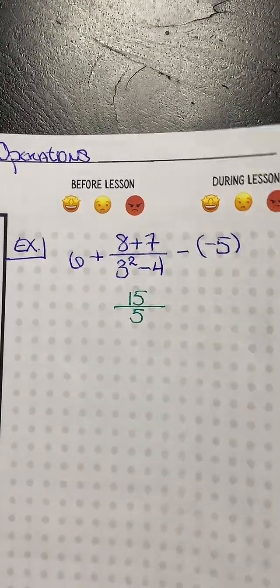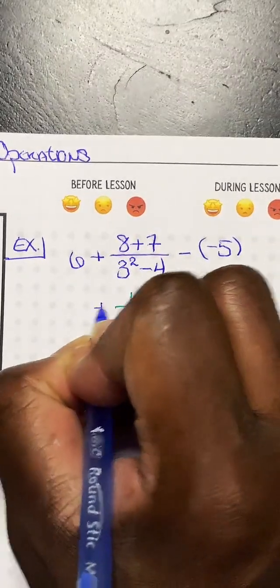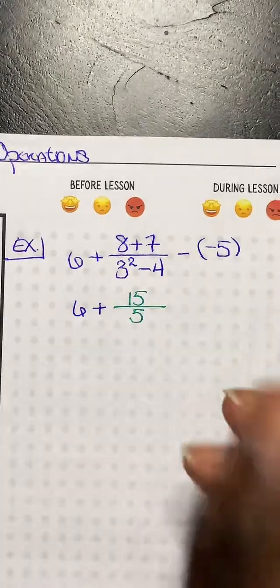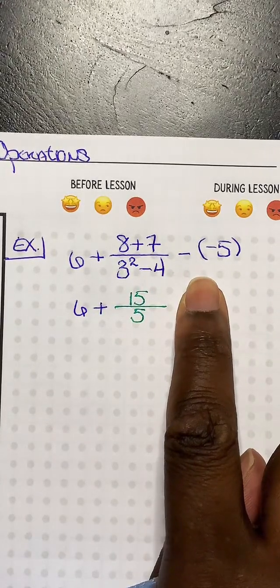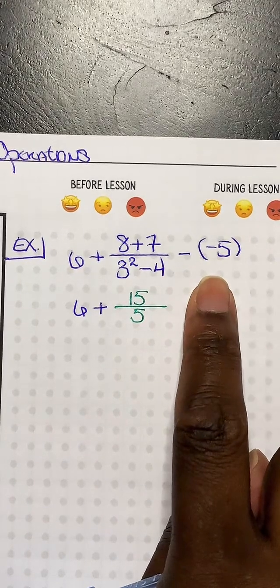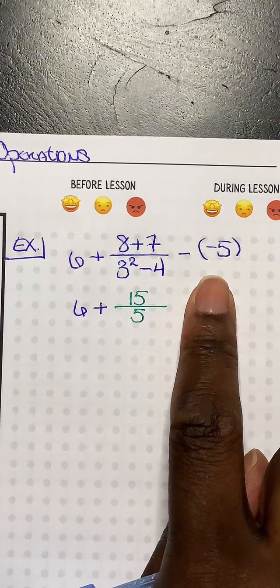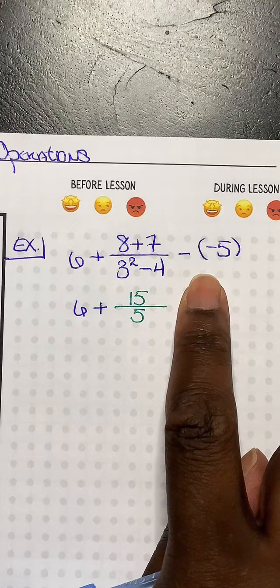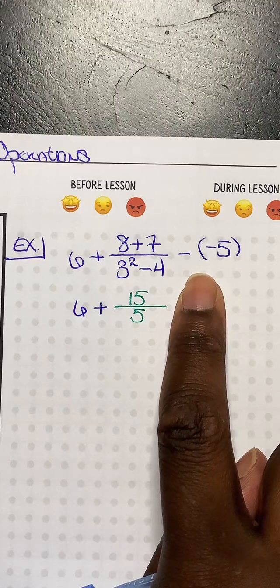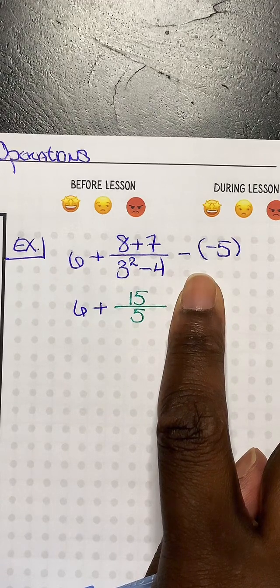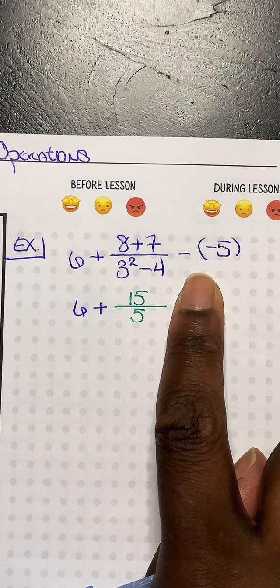Now, I'm going to bring down this plus 6. But what's happening over here? Okay, I did send 14.